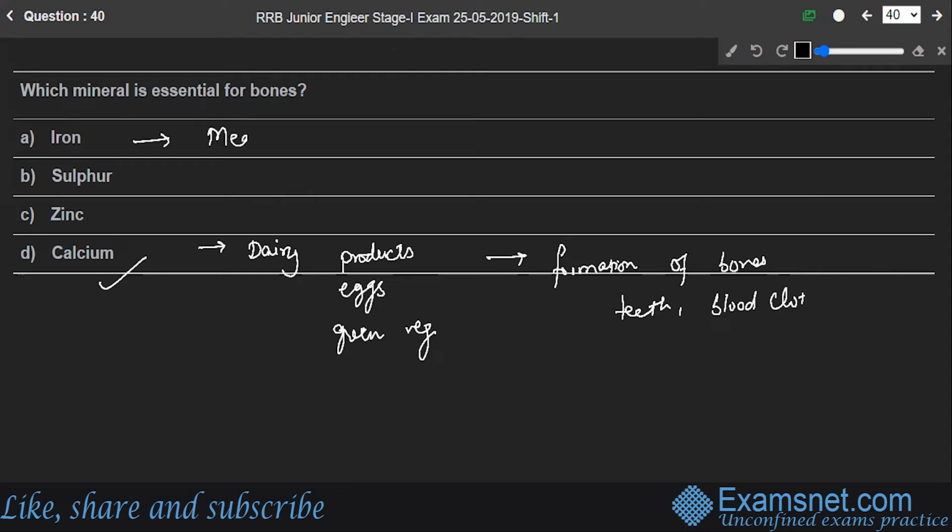Iron, you get mostly from meat, eggs, cereals, legumes, and it makes hemoglobin. This is a part of the hemoglobin.